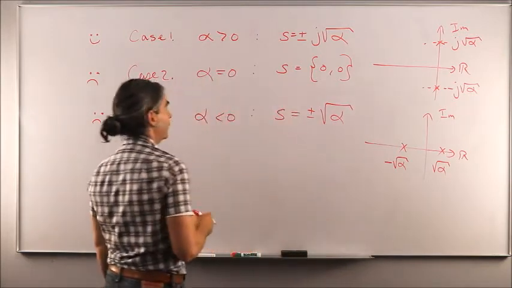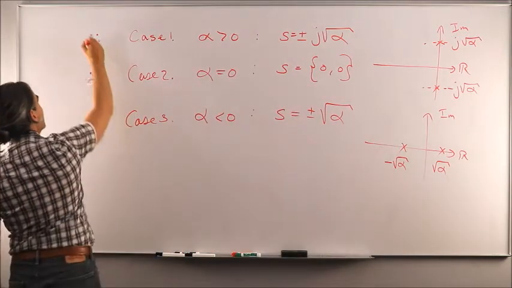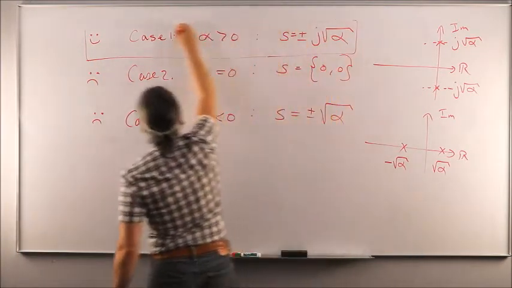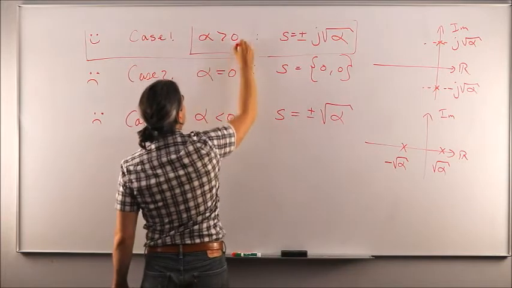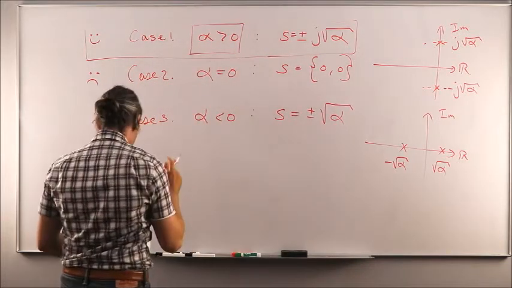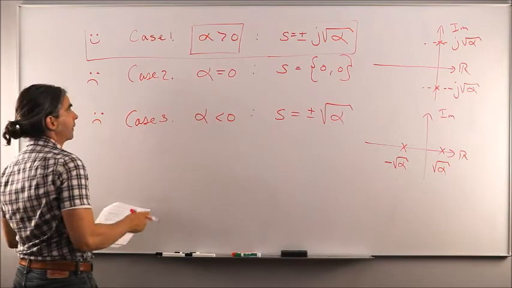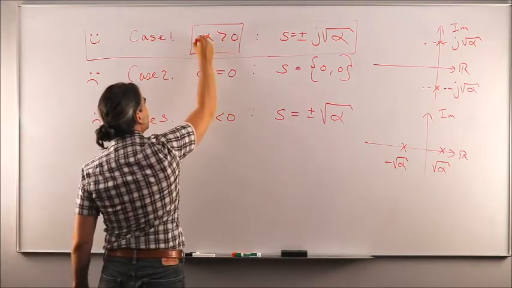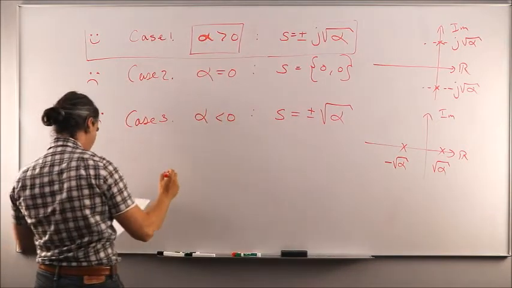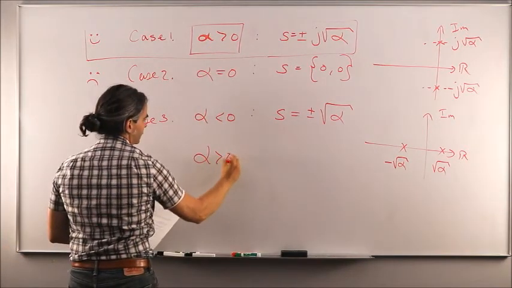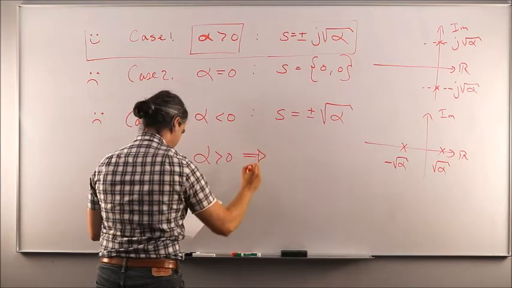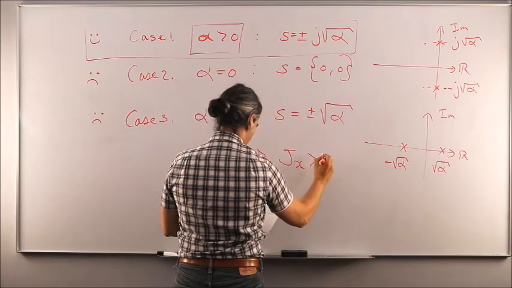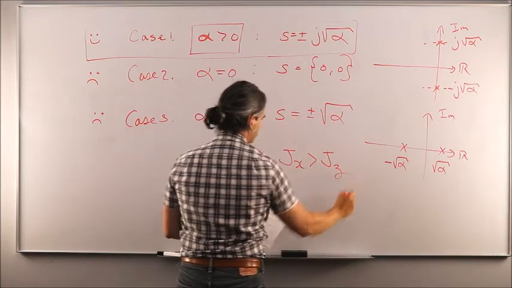So all in all, if you want to get a stable pitch behavior, thanks to gravity gradient, you better satisfy this inequality here. That says that alpha has to be larger than 0. And if you go back to the definition of alpha that we had set, that implies that this condition turns into satisfying Jx larger than Jz.